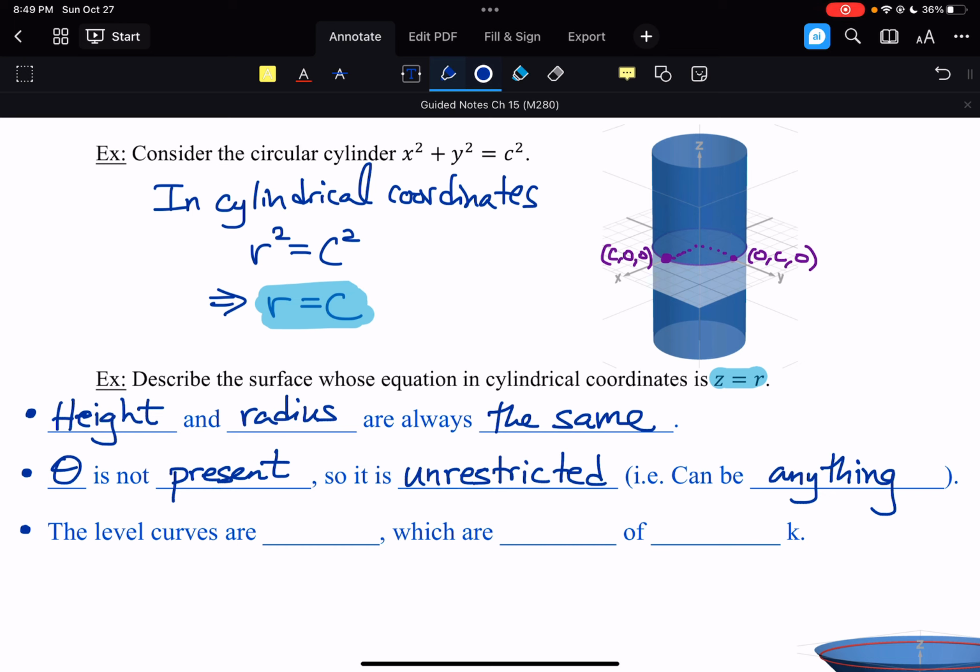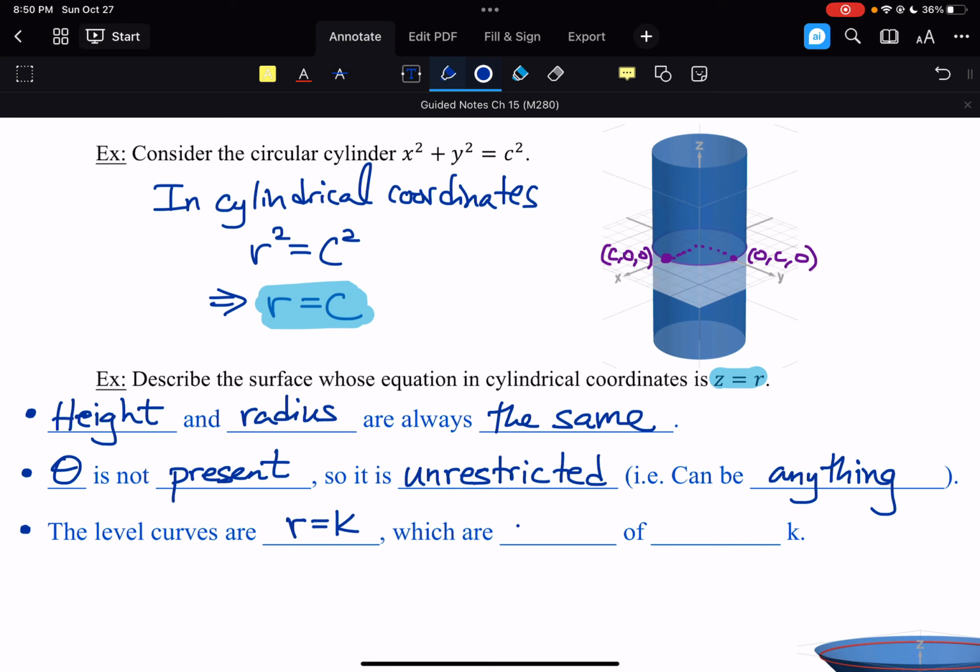If we look at level curves for this surface, that would give us z equals r, but then we get r equals k because we're setting it equal to a constant.